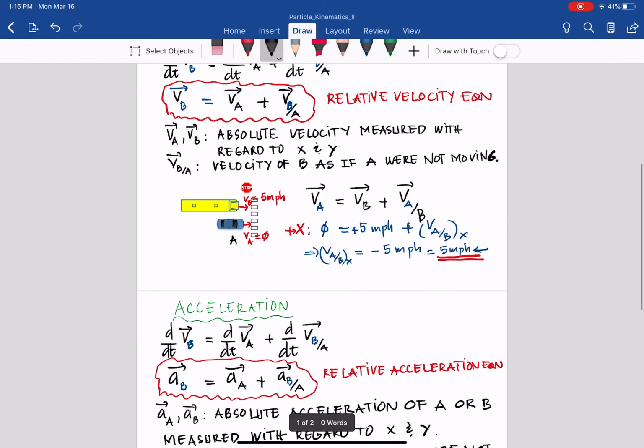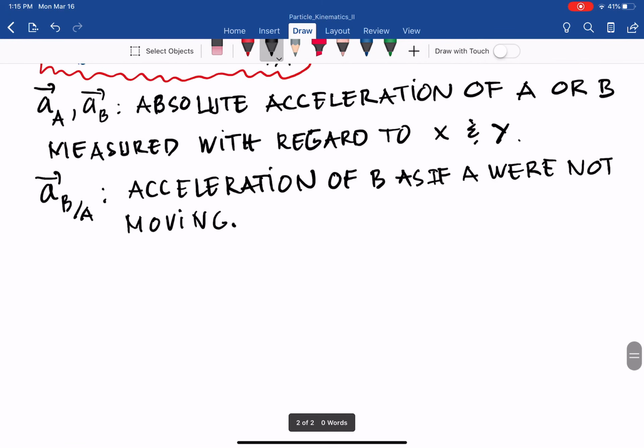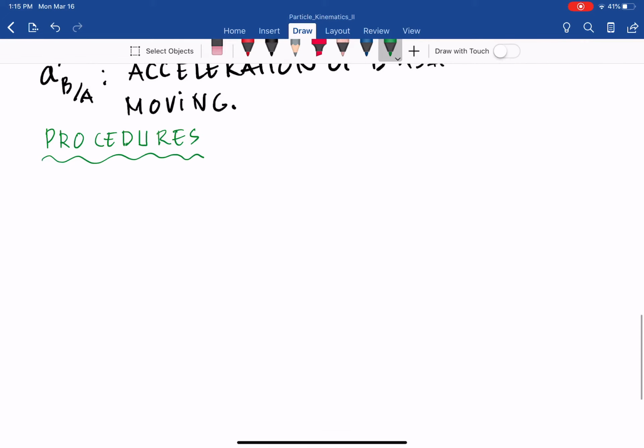So how do we solve the relative velocity equation or relative acceleration equation? Let's talk about the procedure, and then we can apply it to the problems. There are 3 items that we want to keep in mind.